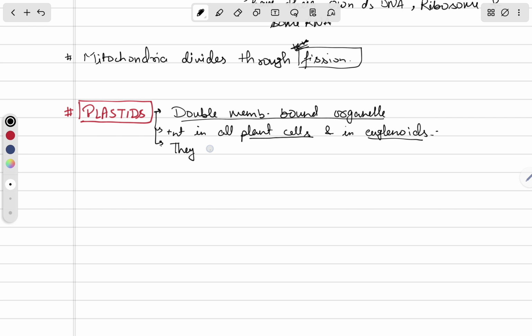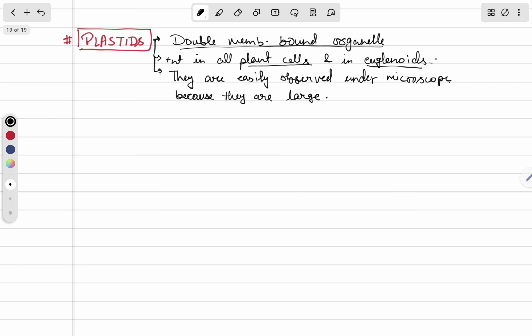Plastids are easily observed under a microscope. Why are they easily observed? Because they are large in size.